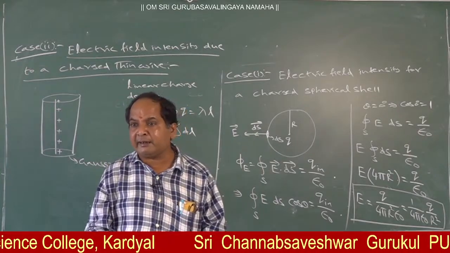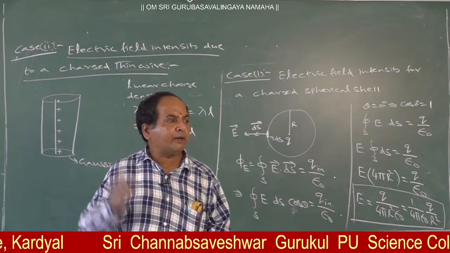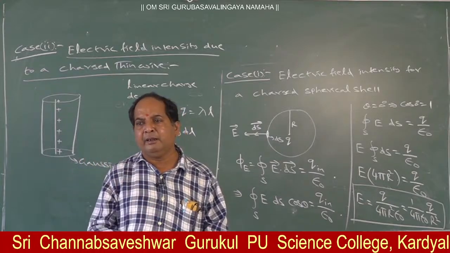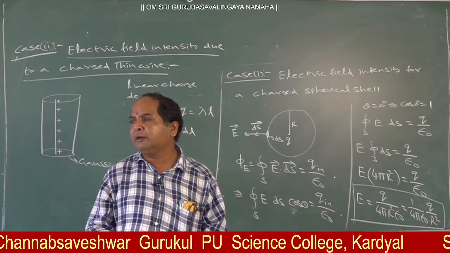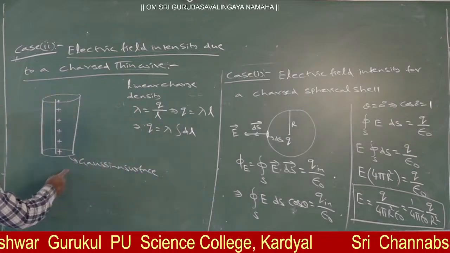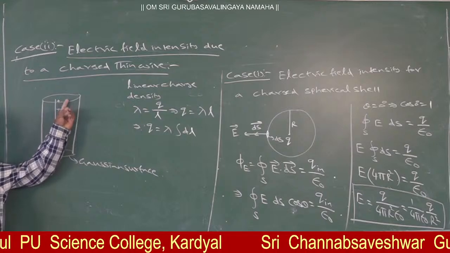Actually those are not there, but we arrange them. Why? For applying Gauss law, which is applicable only if the charge is at the center. So this is the Gaussian surface.